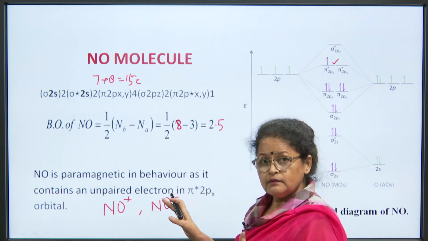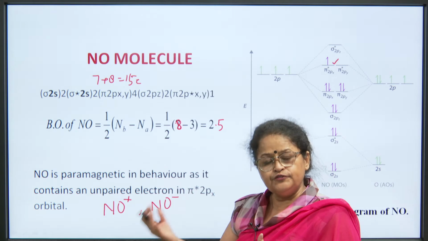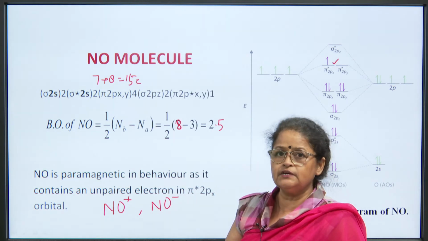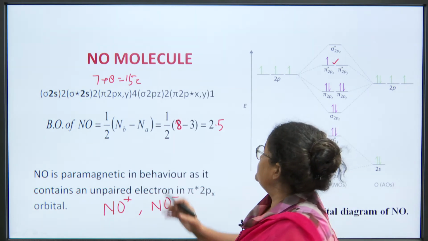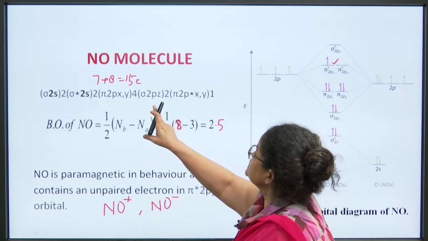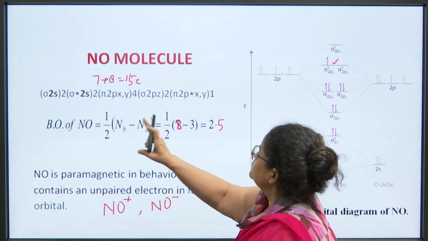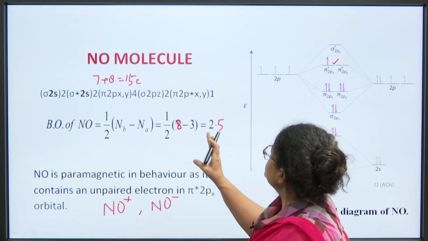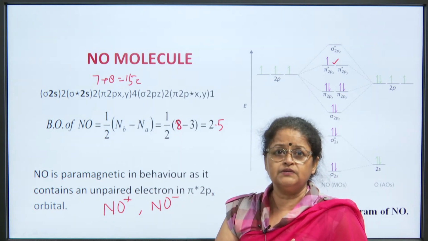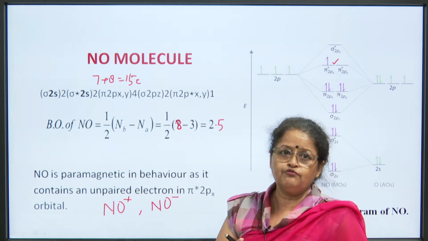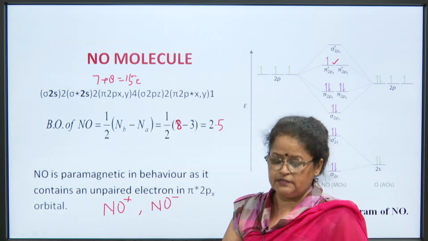If you reduce one electron, that does not mean that it will start following the anomalous sequence wherein we fill up the sigma 2pz before the pi orbitals. So, remember one thing, that whatever is the parent sequence, that parent sequence will be followed. So, that is the condition.